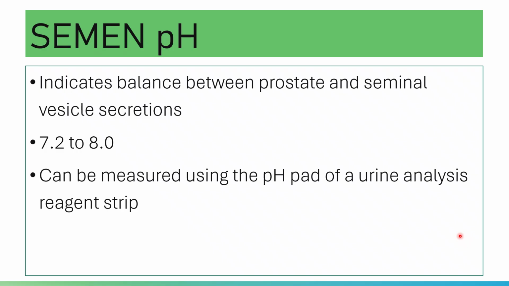A decrease in pH, or a pH below 7.2, may be associated with increased prostatic fluid, obstruction of the ejaculatory duct, poorly developed seminal vesicles, or an absence of the seminal vesicles. That is for the pH of the semen.